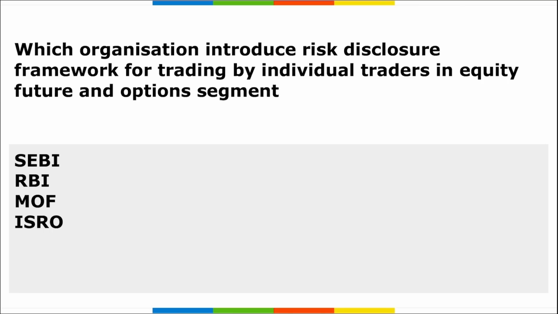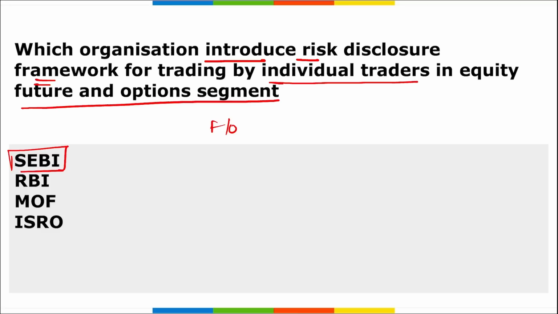Next, which organization introduced a risk disclosure framework for trading by individual traders in the equity futures and options segment, that is the F&O segment? So remember, it is SEBI, the Securities and Exchange Board of India. SEBI introduced this risk disclosure framework for individual traders trading in the equity futures and options segment.